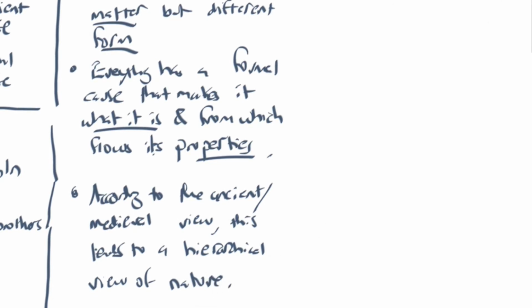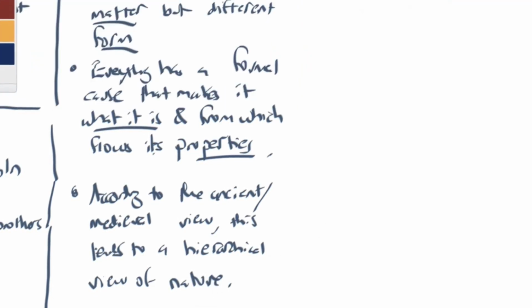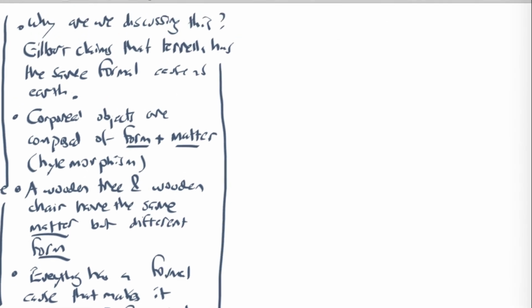What do we mean by that? Let me talk about this hierarchical view of nature. I hope you find this as interesting as I do. It really is the way that these scientists are thinking, and they're either adopting this language or they're fighting against this language. So it's really important to understand this sort of approach.